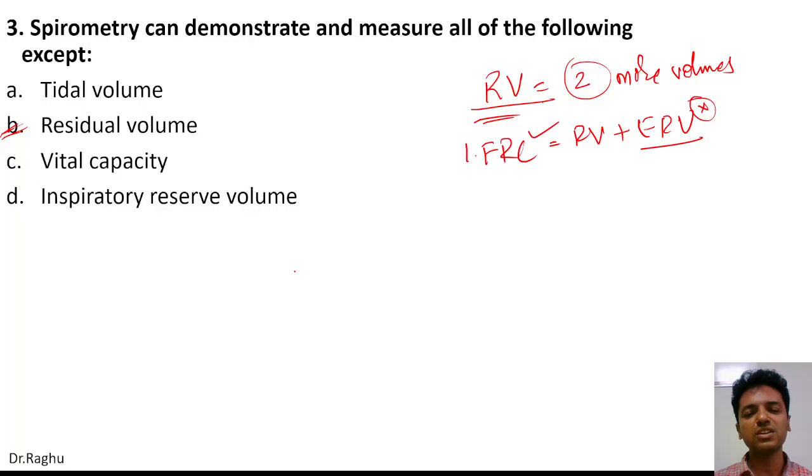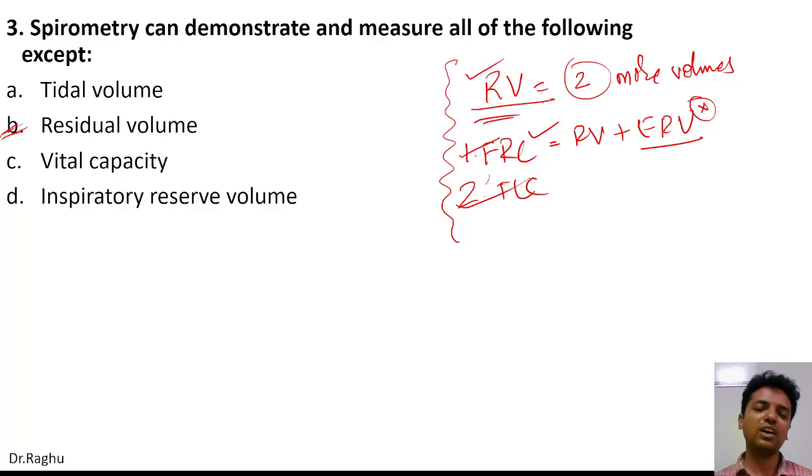Hence, I cannot measure FRC. When I cannot measure one volume in the total lung volume, then I cannot measure the total lung capacity either. So spirometry cannot measure these three things: the residual volume, the functional residual capacity, and the total lung capacity.